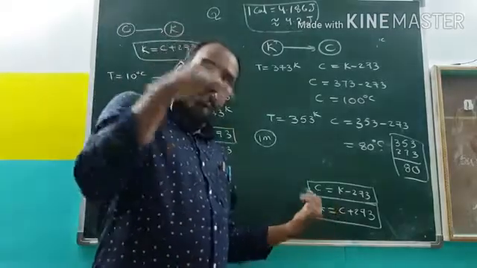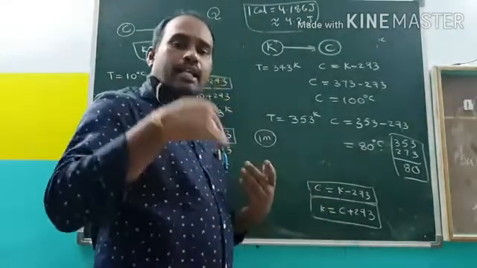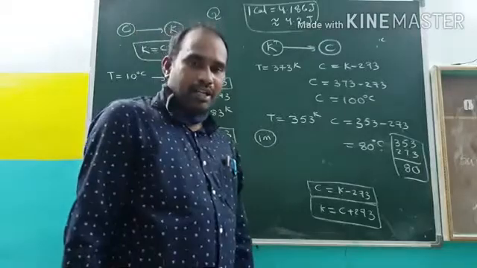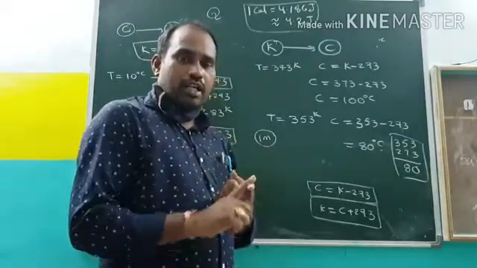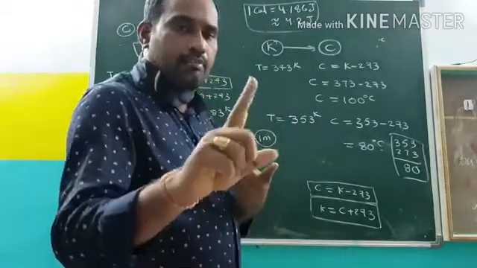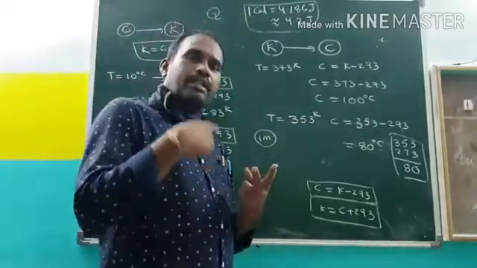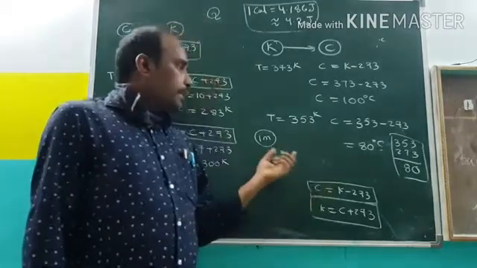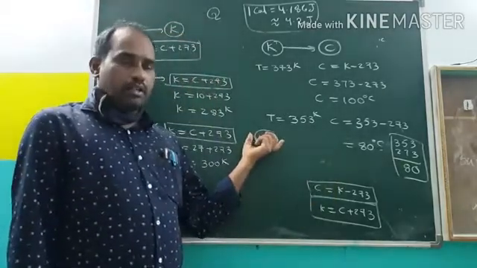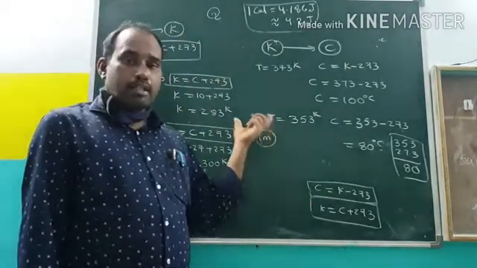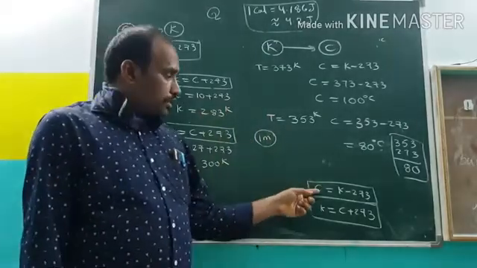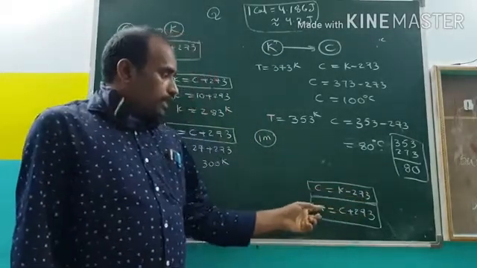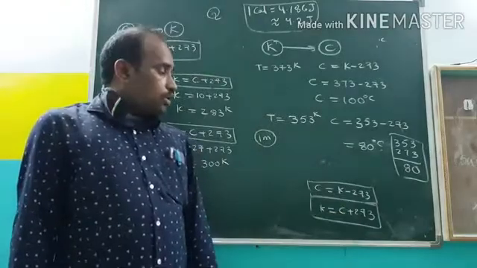If they give the Celsius, simply add 273. Are you remembering? One small shortcut: Kelvin minus 273, Celsius plus 273. Are you clear? It is a 1 mark question in the SSC public examination. So C is equal to K minus 273, K is equal to C plus 273.